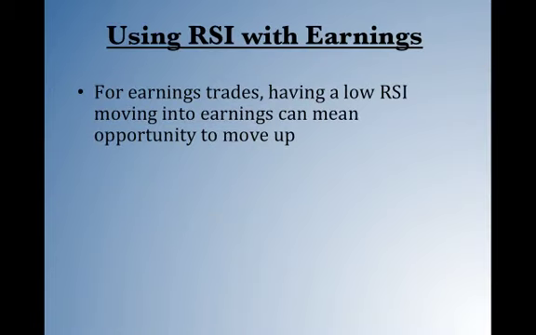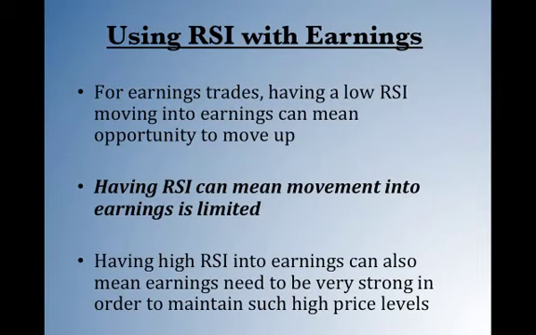So with earnings, we touched on this a little bit, but if you're going to use earnings to trade with RSI, you have to either be doing earnings beforehand, like a week before getting into a stock and thinking it can move up or down from that level, and then using RSI also with an overnight trade or a post earnings trade.